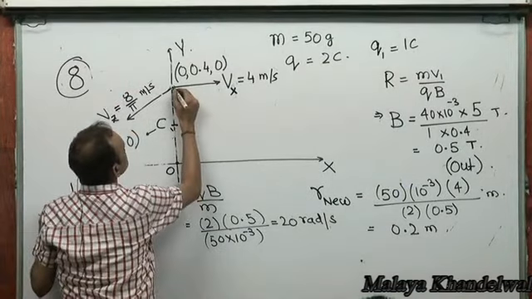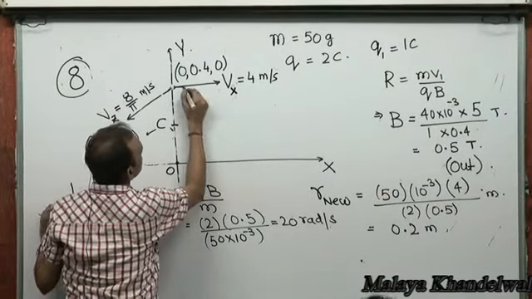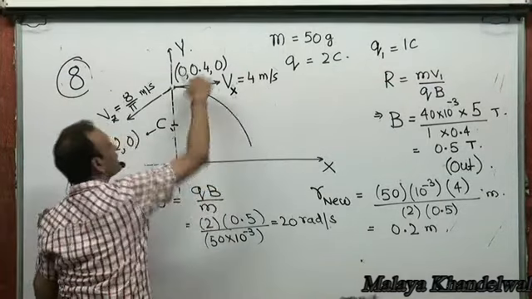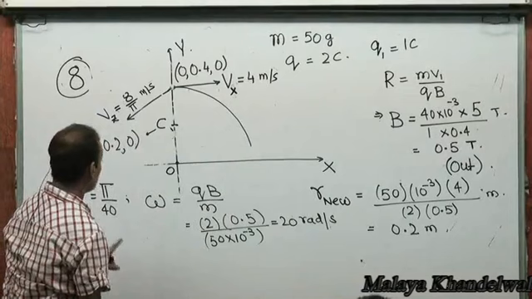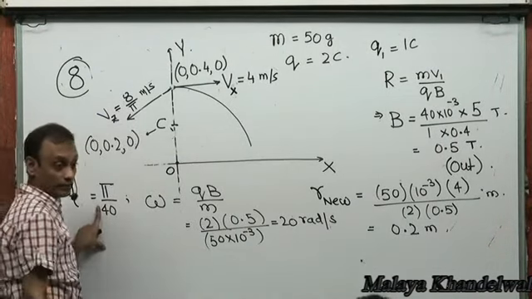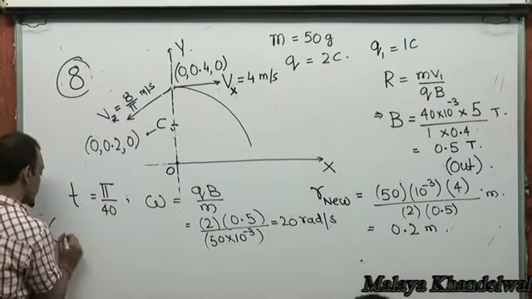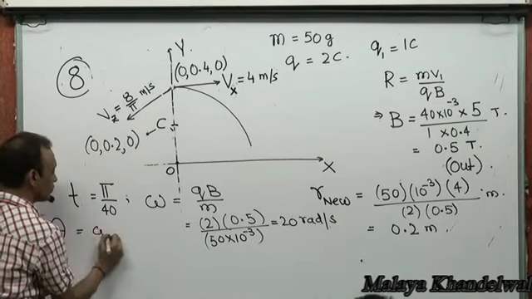So forget Vz for a while. As far as Vx and B are concerned, this would be the plane of the circle that it will execute with center here, right? Now, the angular deflection in this time, theta, is going to be omega t.